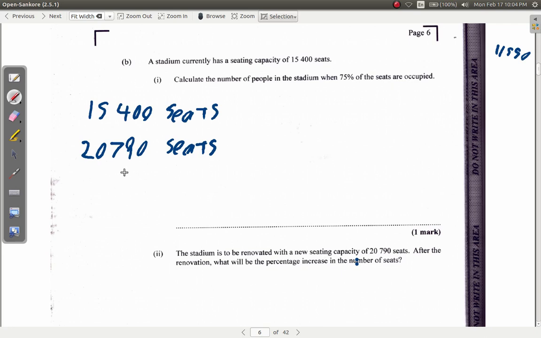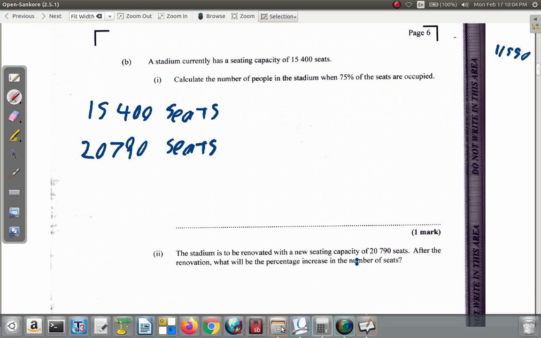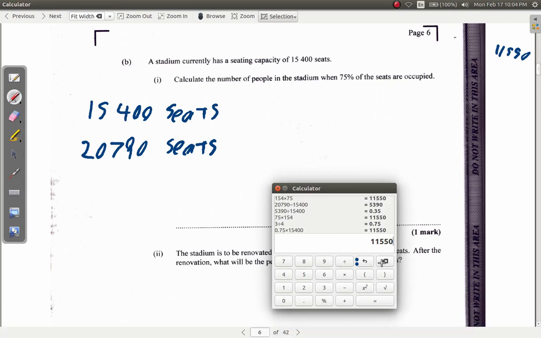Let's see how many more seats you have. What you're going to need to do is subtract.